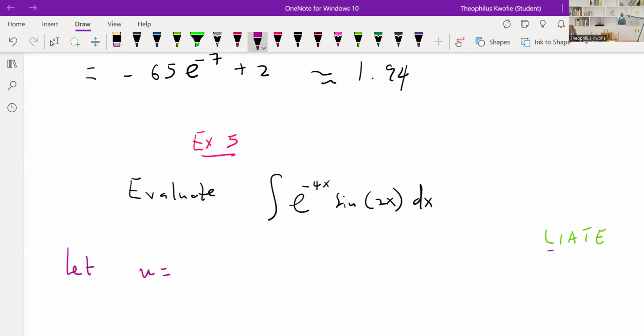The L stands for logarithmic functions, the I is for inverse trig functions, the A is for algebraic functions, and we don't have any algebraic expressions, so we move on. Then the T is for trig functions, and we see that sine is a trig function. So our u will be sine. Is that okay? Very good. So our u will just be sine of 2x.